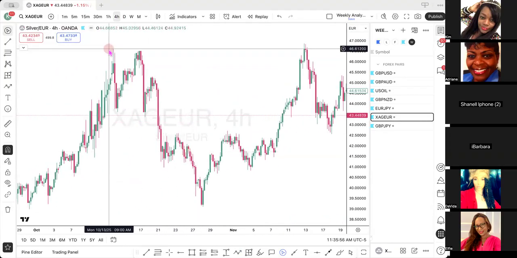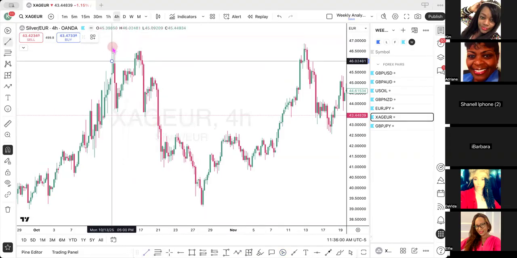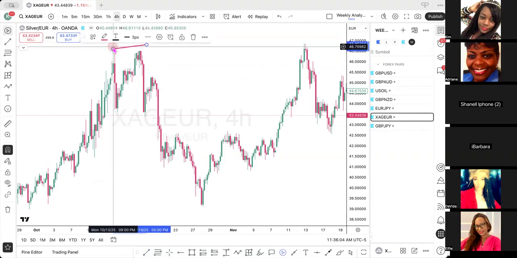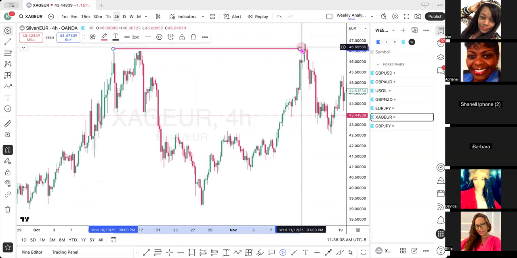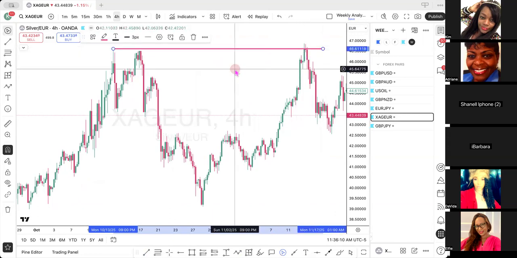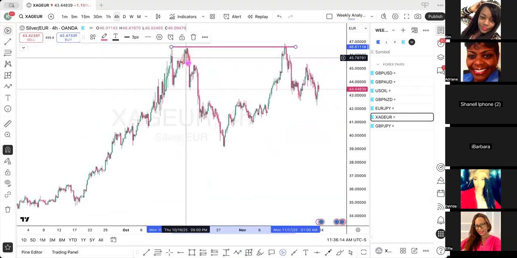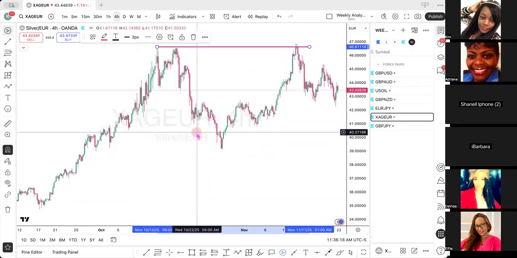This was a high that didn't get broken. Price did not. Oh, wait a minute. Hold on. I just lied. Oh no, it didn't break here either. Okay. This was the high. Price started shifting internal structure.